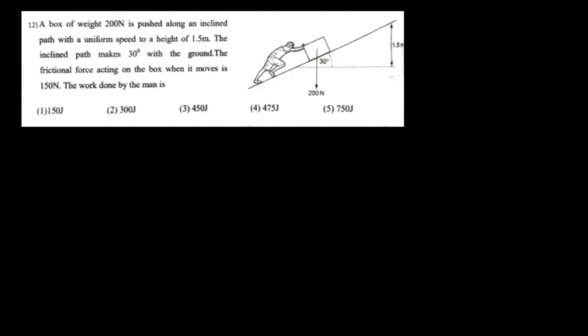Let's find what the applied forces are here. We have a friction acting downwards, given as 150 newtons, and the weight is downwards. You have to apply a force along this direction to move the box up the slope. Let's consider it as F dash. How can we find F dash?